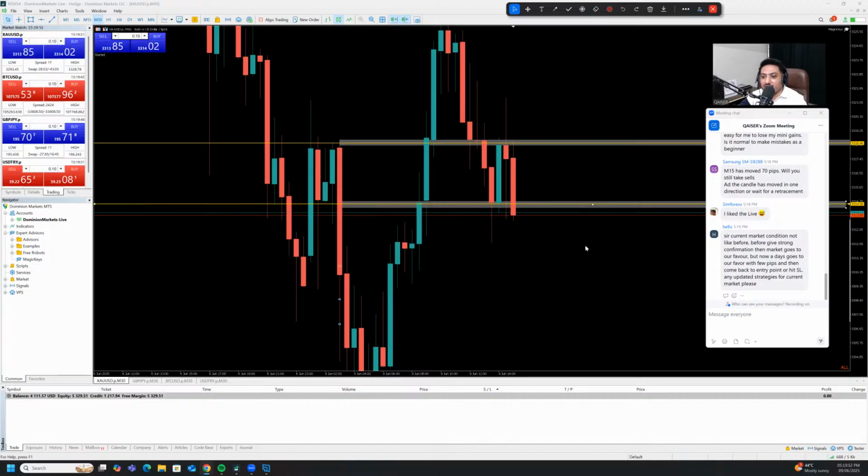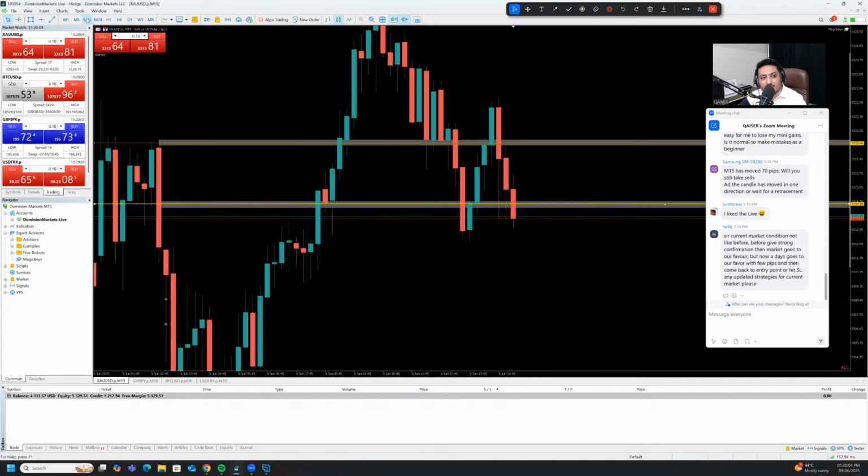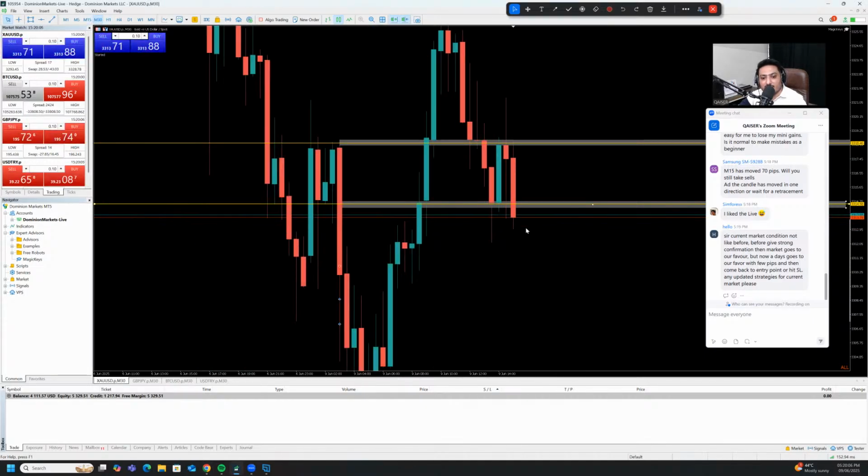M15 has moved 70 pips. Will you still take sells since the candle has moved in one direction, or wait for the rotation? I would say I want to see a 30-minute candle. It's pushing to the downside now. Whatever is happening here, I will stick with the 30-minute time frame to close below the support area. To be honest, I need to wait for the 30-minute candle to close in my direction if I want to take a sell. I'm not going to use the 50-minute right now.